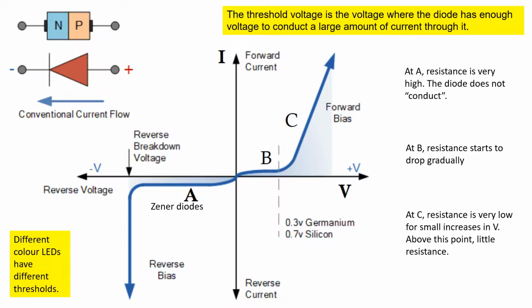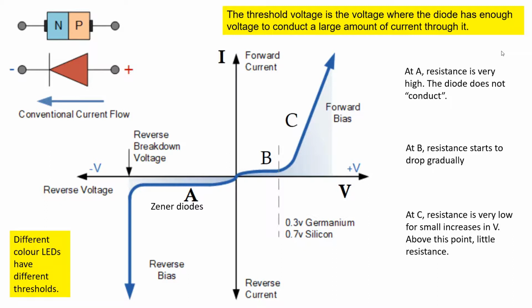The diode does not conduct, in quotes. At B, the resistance starts to drop gradually, and that is when the current starts to flow, but at a slow pace. But then above a certain point for silicon, 0.7 volts, the resistance is very low, and small increases in V above this point, there is very, very little resistance.